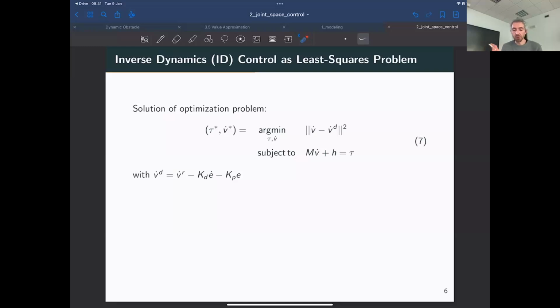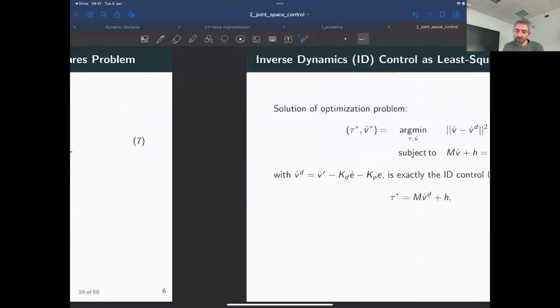So this, I think, makes a lot of intuitive sense, because that's exactly what we are trying to do. And this problem also has a trivial solution, because for sure, the value of V dot that minimizes the cost is V dot equal V dot desired, because we get a zero cost, which is the minimum since it's a squared function. And once we have V dot equal V dot desired, the solution for the constraint is simply setting tau equal to M times V dot desired plus h. So problem trivially solved.